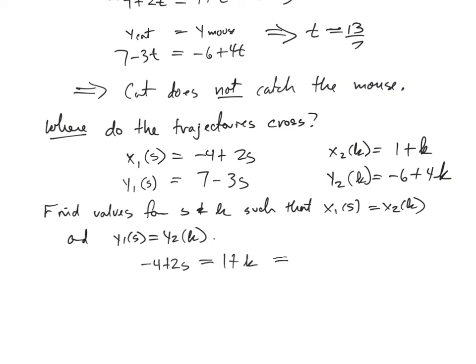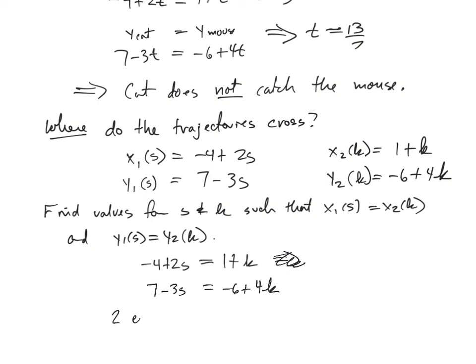So you rearrange that equation, well, we're not going to rearrange it here. And we're going to make y1(s), which is 7 minus 3s, equal to negative 6 plus 4k. Okay, the y coordinate of the cat has to be equal to the y coordinate of the mouse at the intersection point.